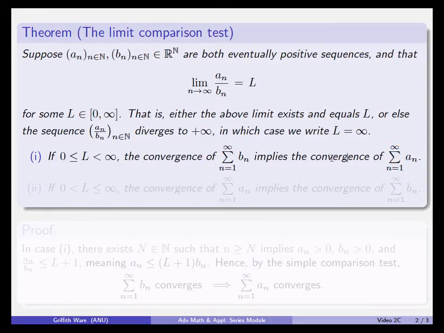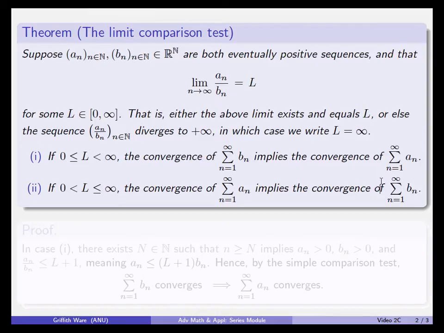So that's the first part of the limit comparison test. If this value L is not infinity, then the convergence of the series Bn implies the convergence of the series An. The second part is sort of the other way around, namely if L is non-zero, but now allowed to be infinity, then the convergence of the series An implies the convergence of the series Bn.